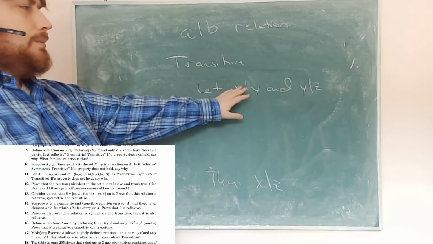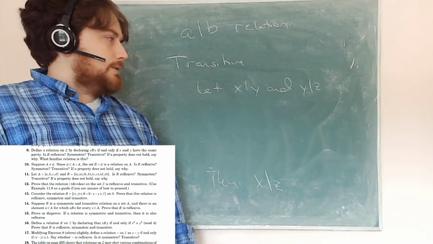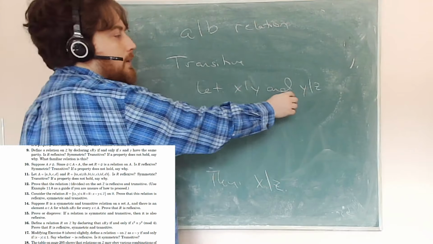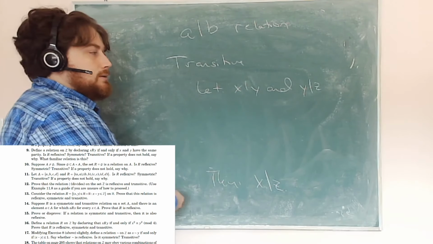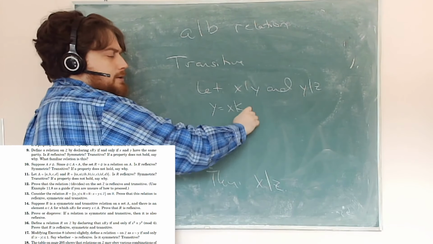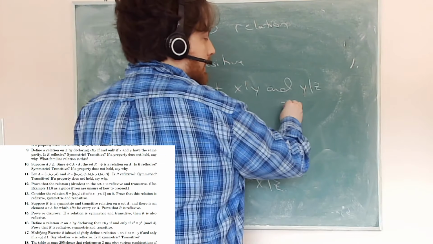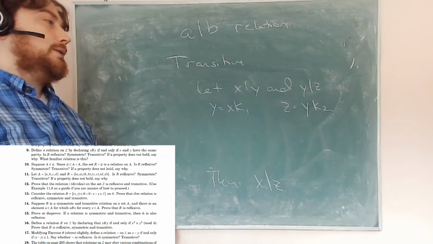So we get to assume that x is related to y and y is related to z, and I have to show x is related to z. And so we start off with definitions. x divides y if y is equal to x times some integer k1. y divides z if z is equal to y times some other integer k2.